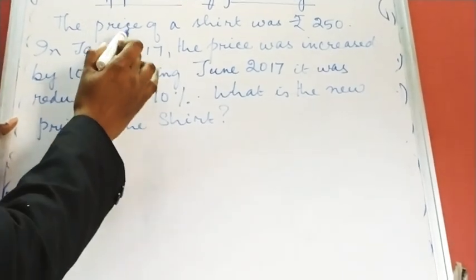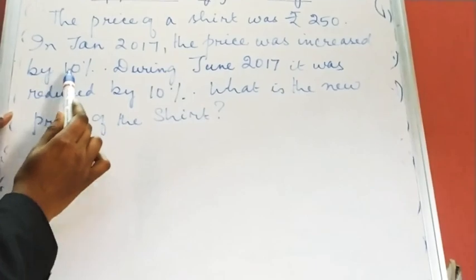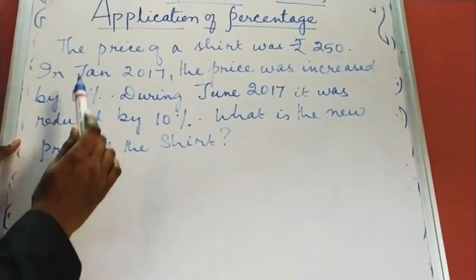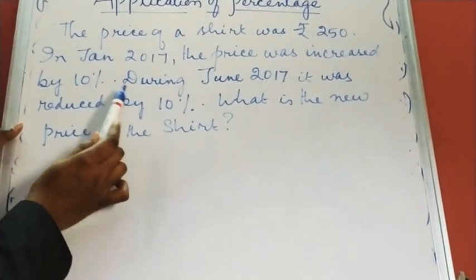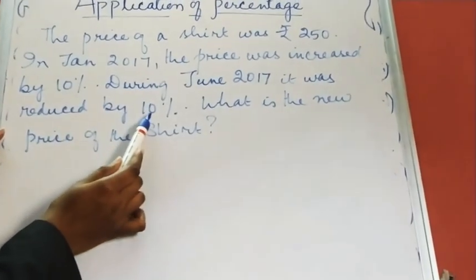Here we have the difference in price. First the price was rupees 250, and after the increase by 10%, again there was a reduction by 10%. So here we are finding the difference in the rate of the shirt by increase and by decrease.